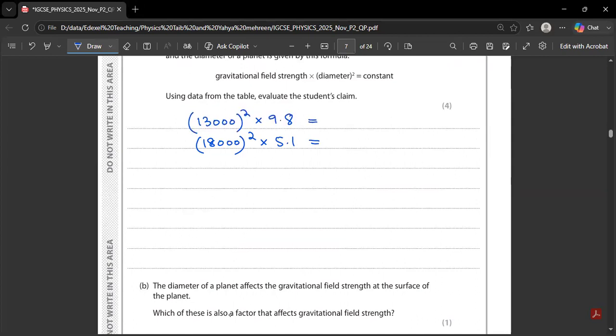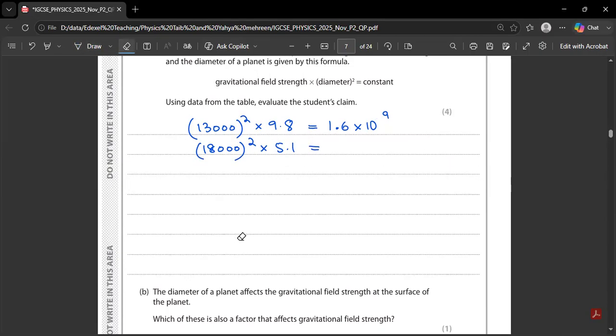All right, let me do it. 1.65 times 10 to the power of 9. Right? And what about this one?